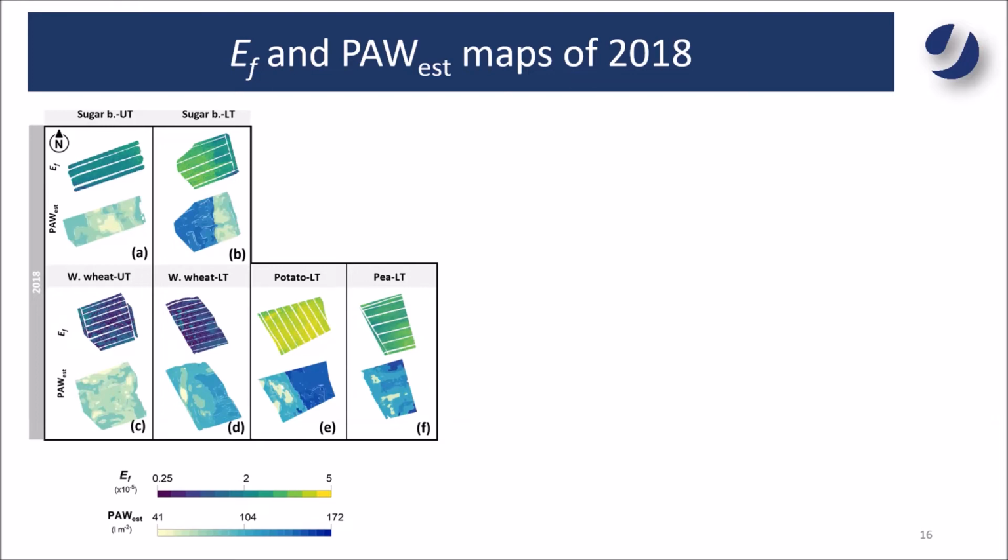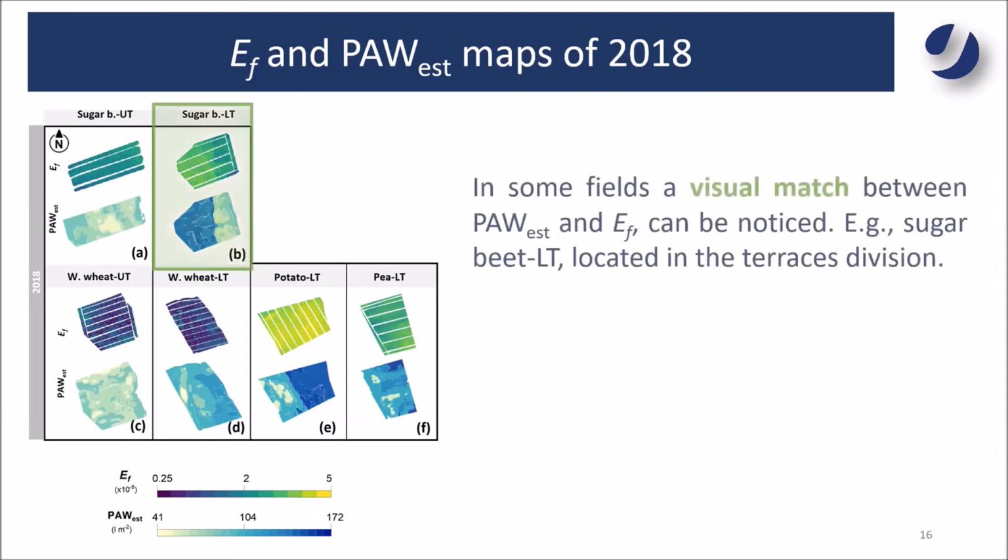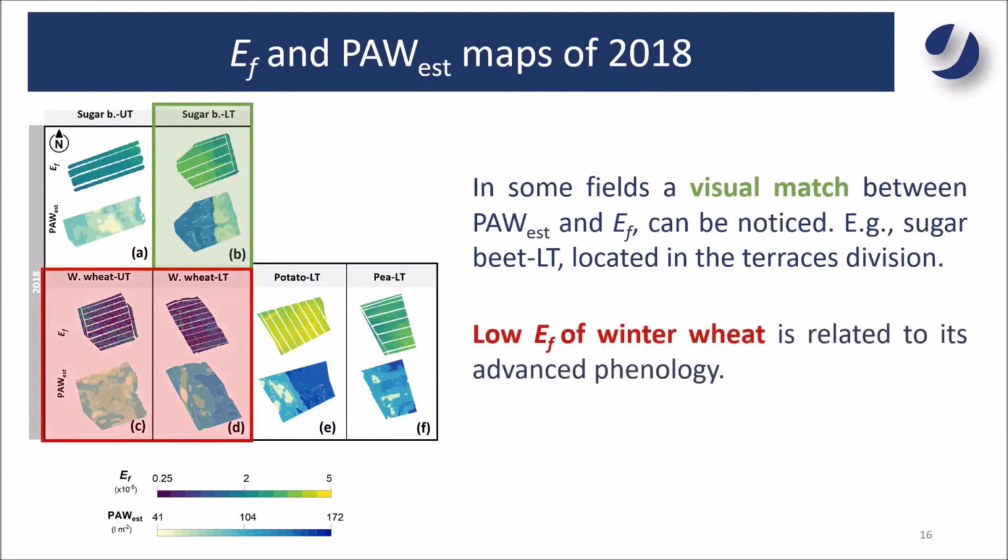This is just to show you visually how they look. And you can see in some specific fields that there is even a visual match between both variables, but this is not always the case.